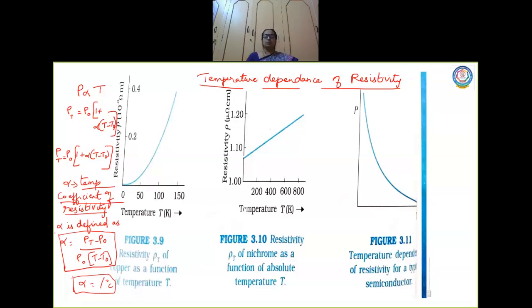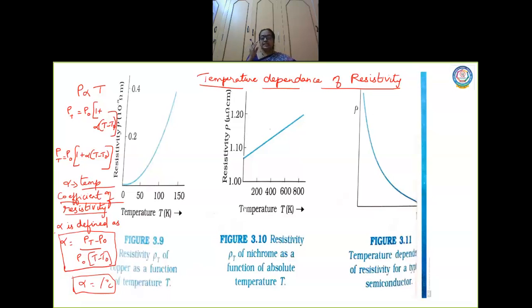Okay, now let us discuss this alpha for conductors and semiconductors. That is the graphical representation here, right? Now for conductors, this alpha, that is the temperature coefficient of resistivity, is considered to be positive.